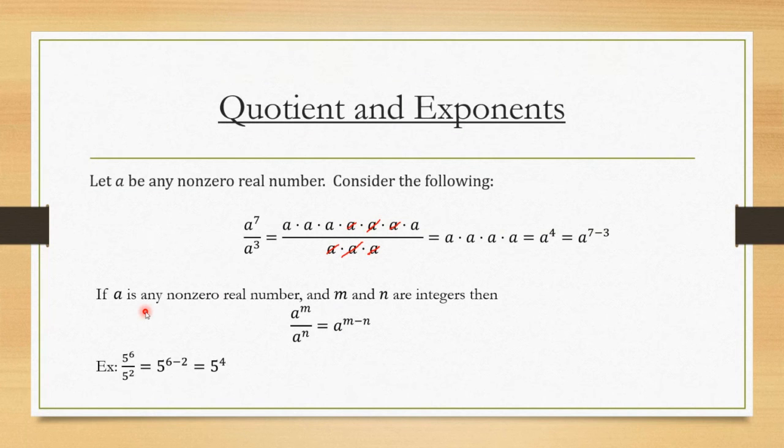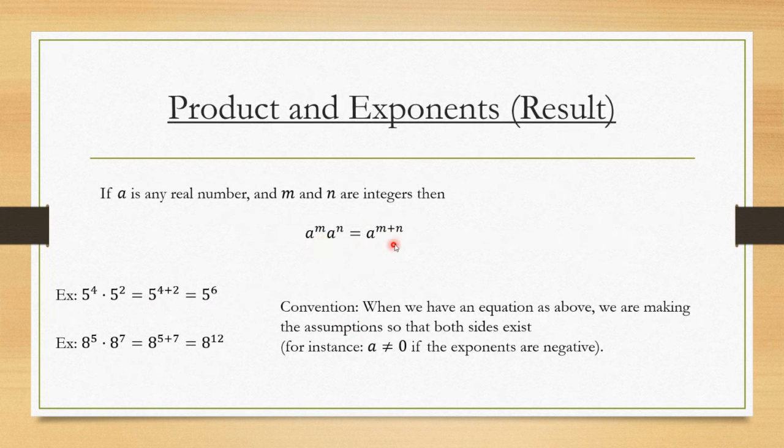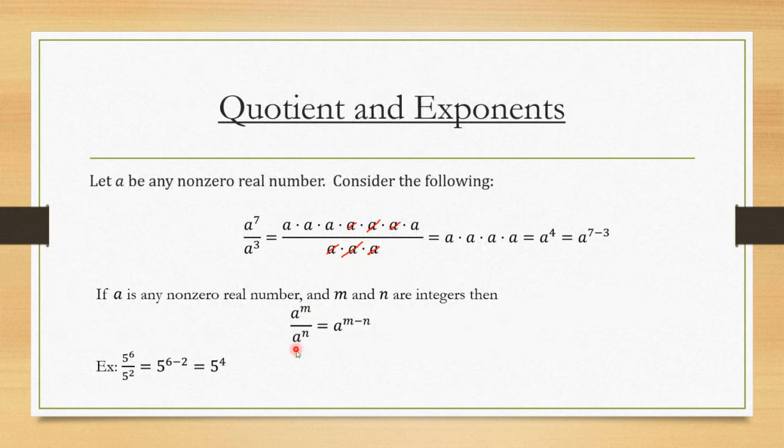It's not a proof, but if a is a non-zero real number and m and n are integers, when you divide like bases, subtract the exponents. So we already saw multiply like bases, add the exponents. When you divide like bases, subtract the exponents. And that's just what I'm illustrating here. If you have 5 to the 6 over 5 squared, you end up getting 5 to the 6 minus 2, which is 5 to the 4th.